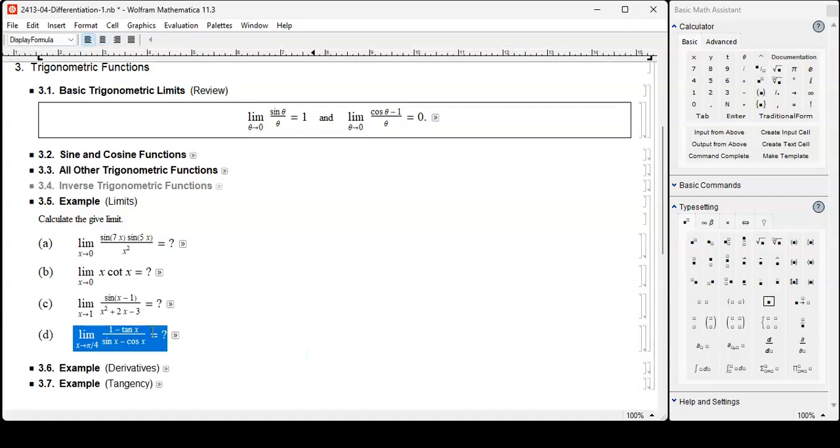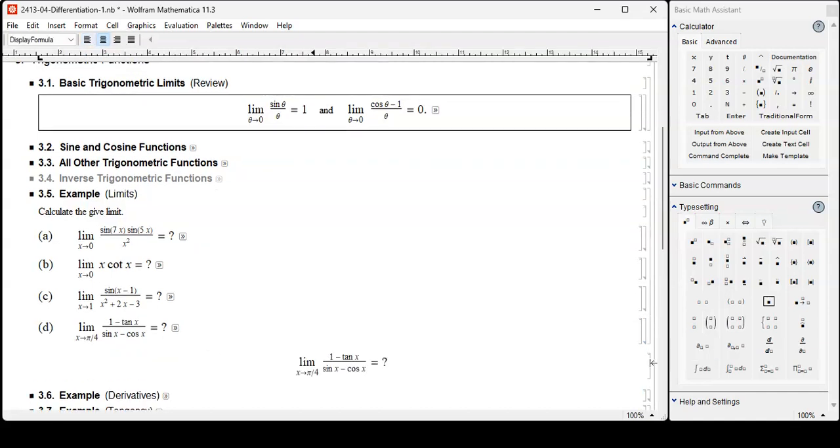Okay, finally this problem. What do you think? So x is going to pi over 4. 1 over tangent over sine minus cosine. Oh boy. This time, sine of x and cosine of x will become the same. How do we work it out?